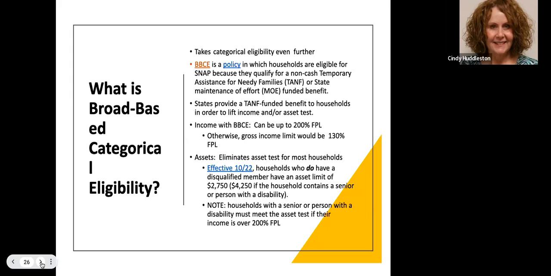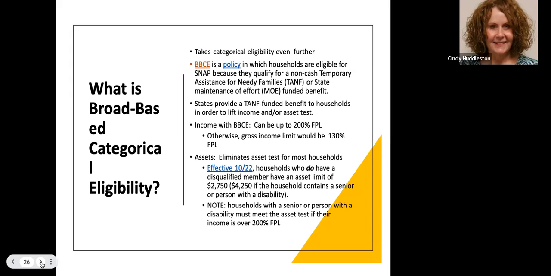But broad-based categorical eligibility is a policy area that does result in differences in income and eligibility rules across states. As a result, more than 40 states use much less restrictive income and asset or resource tests in SNAP than is set out in federal law.